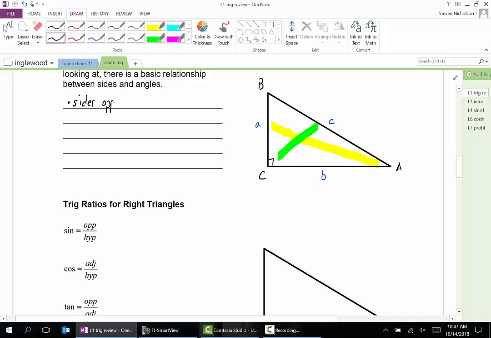So here's the basic relationship that always holds. Sides opposite larger angles are longer than sides opposite smaller angles.